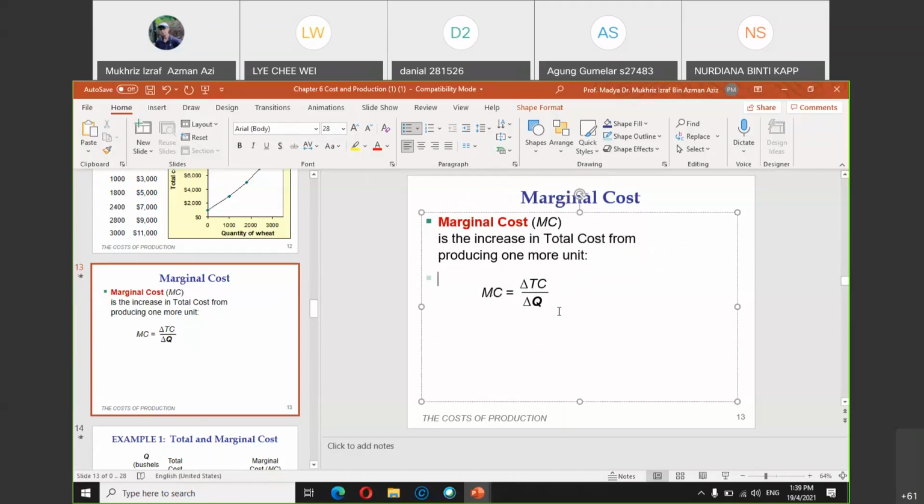You can see by increasing the output, how much additional cost the company needs to pay in order to produce one more unit of output. That is the marginal cost definition: the additional amount of cost when you increase one unit of output.